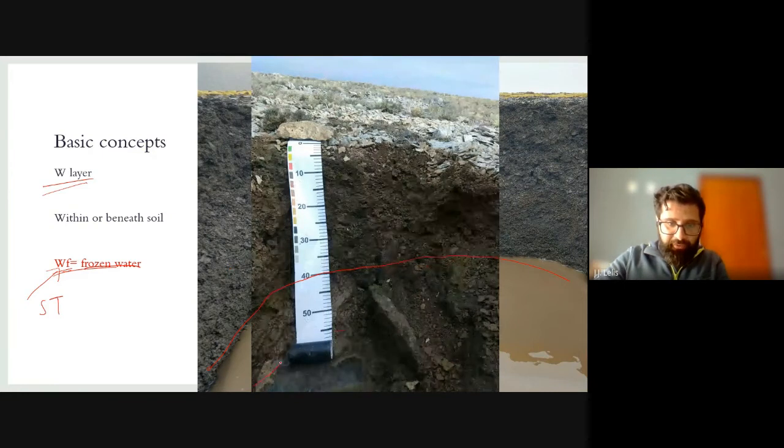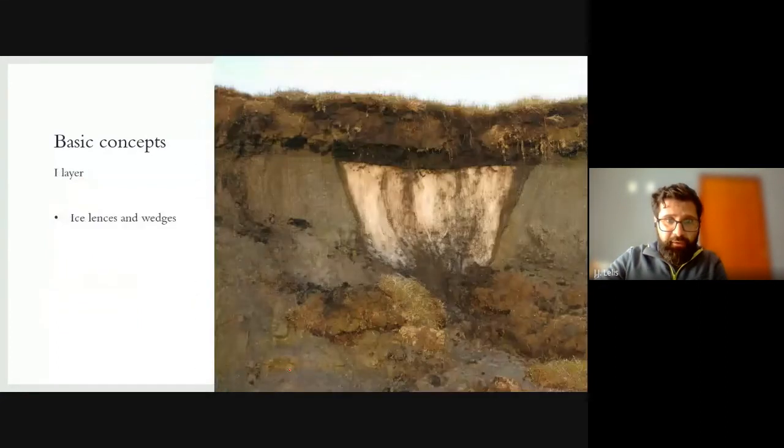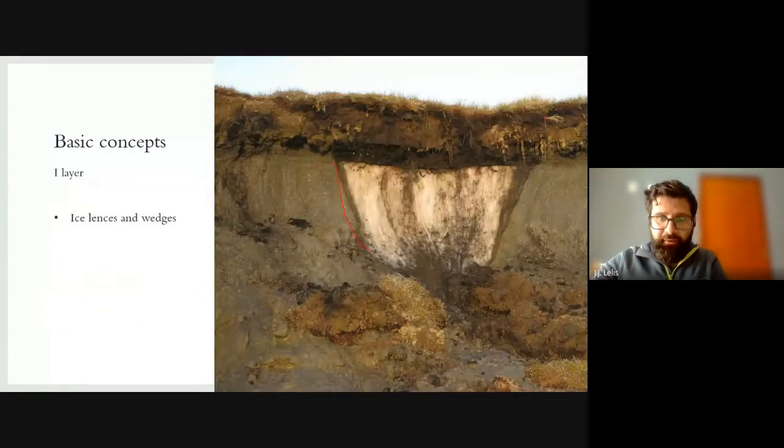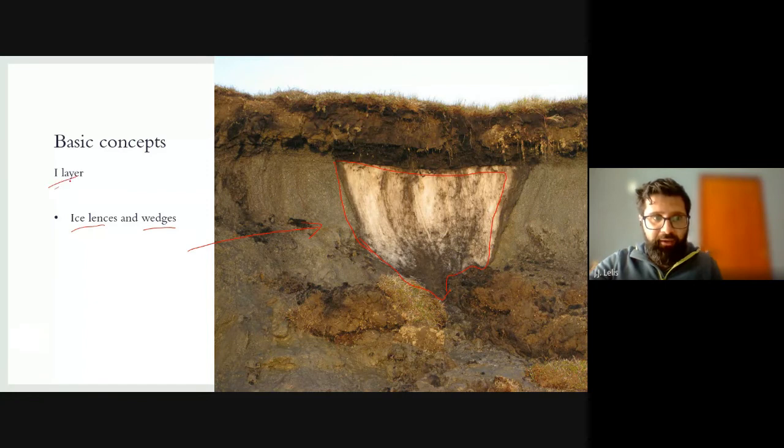This part of the soil you can see is a frozen soil. It's called permafrost. Like here, you can see a frozen piece of soil where we can find ice lenses or wedge ice, and this horizon is called the I horizon according to the WRB.